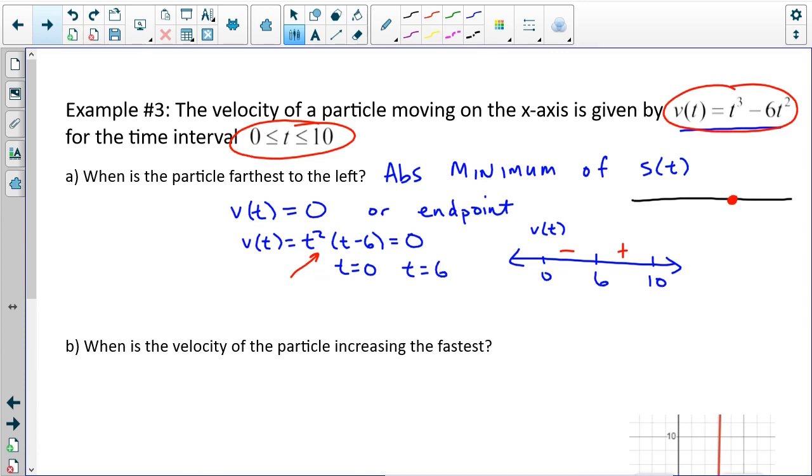The velocity is negative the entire time from 0 to 6, so that means it's moving to the left from the beginning until time equals 6. At time equals 6, it stops moving to the left somewhere and then starts moving to the right, and then it moves to the right until the end of the problem. So whenever t equals 6, it must be farthest to the left. So my answer is t equals 6.